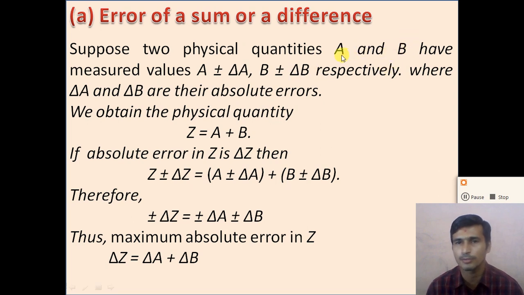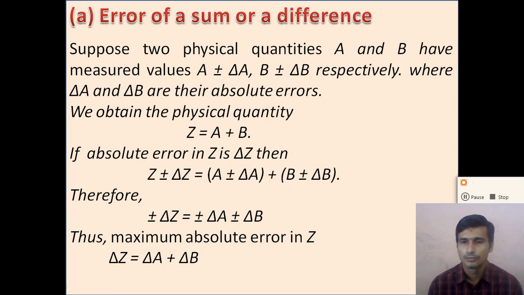So the measured value of the physical quantity is A plus minus delta A, where delta A is the absolute error, or we can say the average absolute error, in the physical quantity A. Delta B is the average absolute error in the physical quantity B. So the range of A is A plus delta A to A minus delta A, and the range of B is B plus delta B to B minus delta B. Here delta A and delta B are the average absolute errors in A and B respectively.